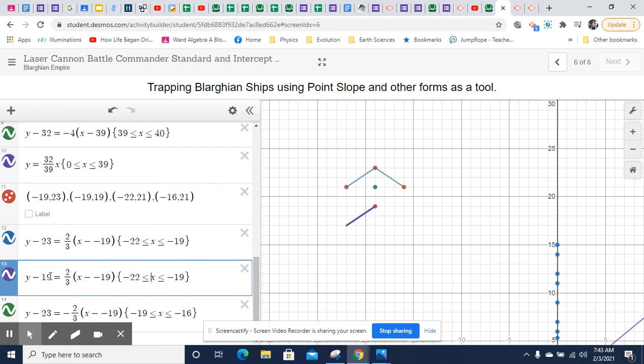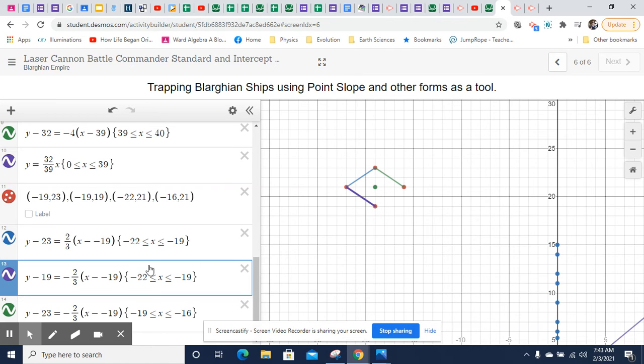Okay, and I need to change my inequality. Actually, I have a choice. I could just change the slope. If I change the slope, it works. But I'm going to show you how we would change it. And the reason it works is this is a line going through here. My inequality is from negative 22 to 19, which is great.